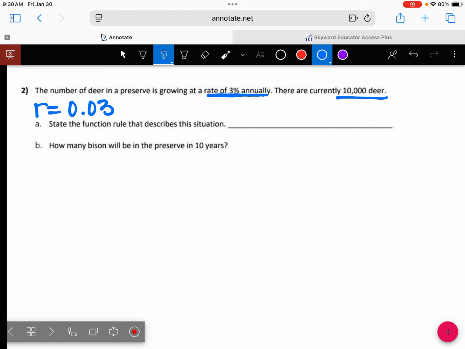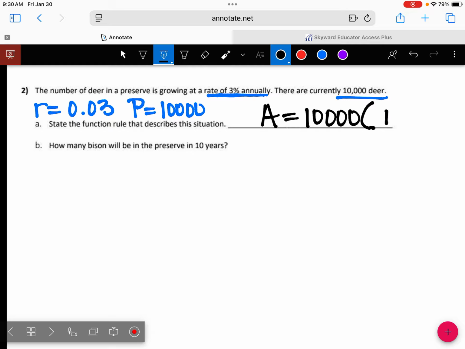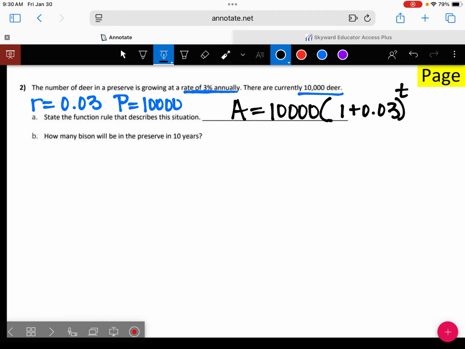My starting population is 10,000. So when I write my rule, A equals 10,000 parentheses 1 plus 0.03 to the power of t. When you write your rule, you leave it a t. Now use that rule, substitute in 10 for t.